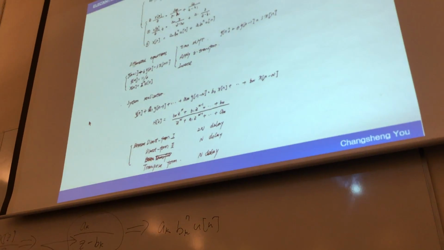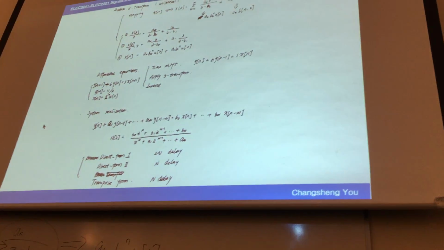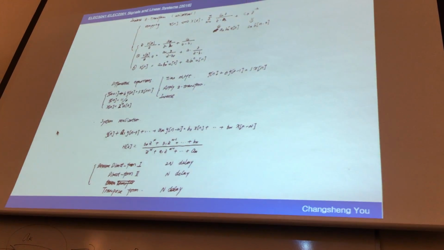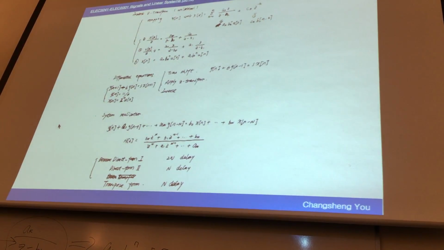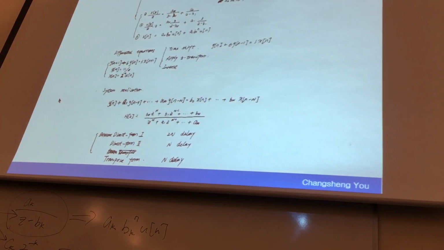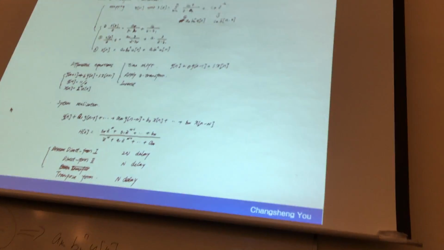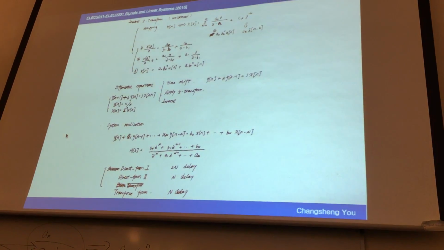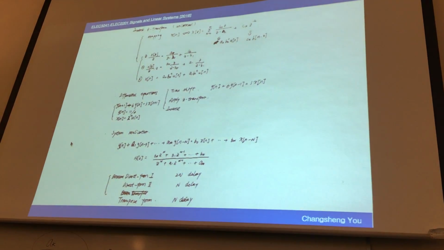And for the differential equations, we want to find the system output response. So the first step, we can use the time shift. And the problem here is how much time shift we need to perform. In later parts, I will tell you how to choose. And second one, you just apply the Z transform.